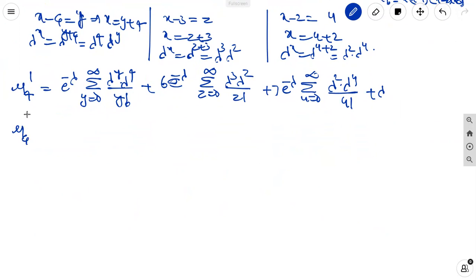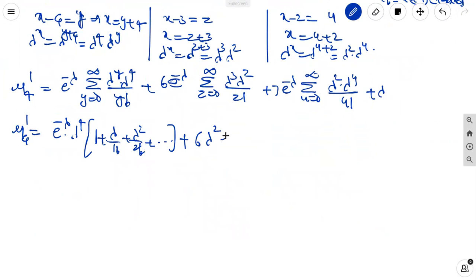Here fourth moment equal to e power minus lambda into lambda power 4 common, then expansion: lambda power 0 by 0 factorial is 1, plus lambda power 1 by 1 factorial, plus lambda square by 2 factorial, plus so on, plus 6 lambda cube e power minus lambda.